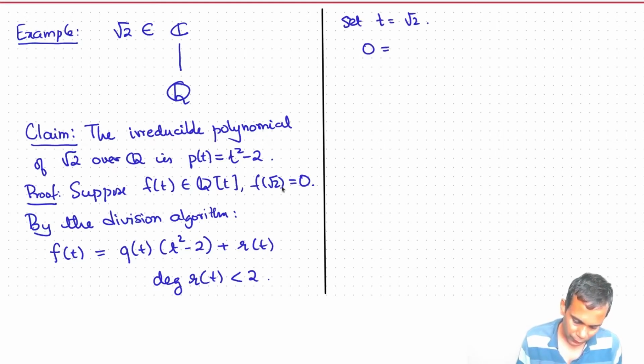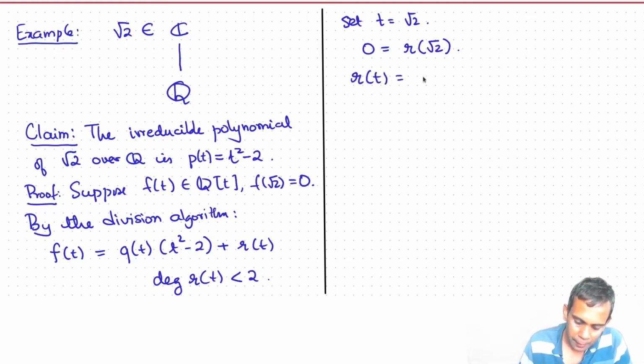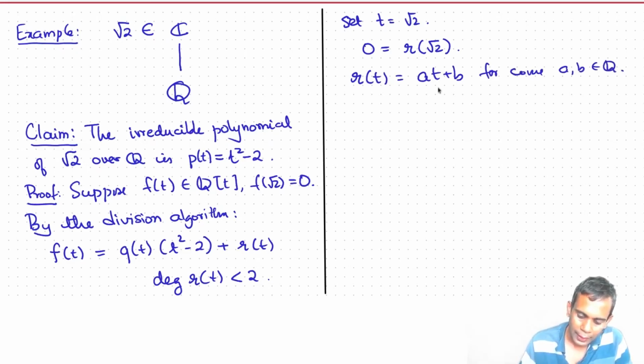We assume that f of square root 2 is 0, and t squared minus 2 also vanishes at t equals root 2, and so this is r of root 2. So r is a polynomial of degree less than 2, which means that r(t) is at plus b for some a, b in Q, and what we have is r of root 2 is 0. That means a root 2 plus b is 0. But this contradicts the fact that root 2 is an irrational number.